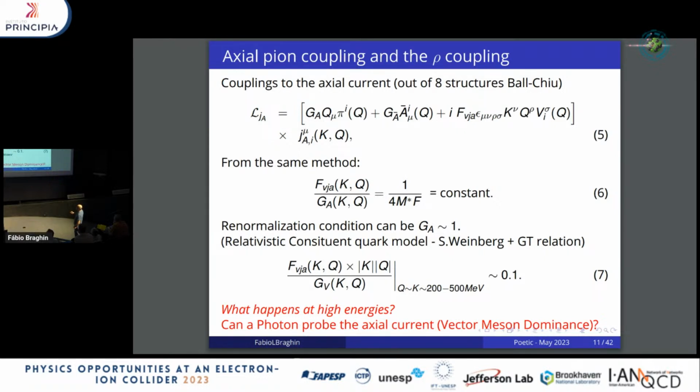And then we have this ratio of this vector coupling to the axial current, its ratio to the pion axial form factor. And we find that this form factor is suppressed by 4 times the constituent quark mass. So it should be small, but anyway, it should be present in the interactions of the vector meson.